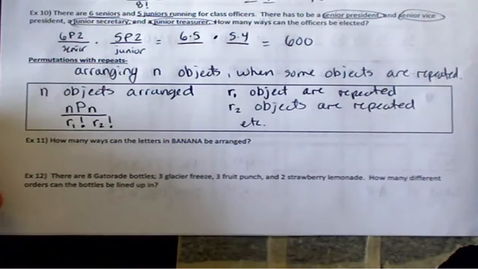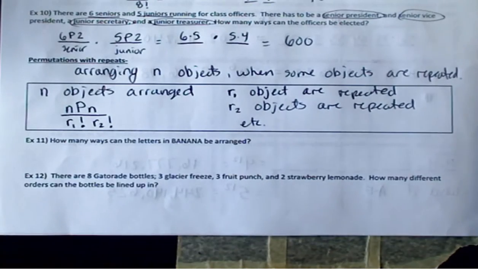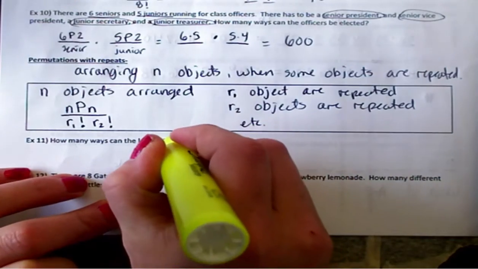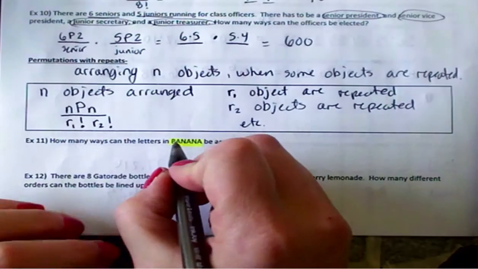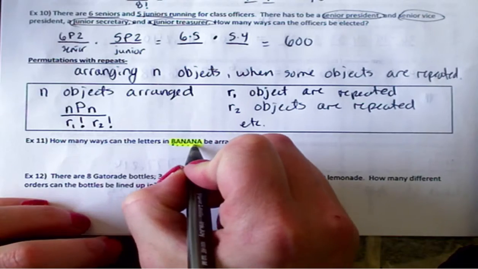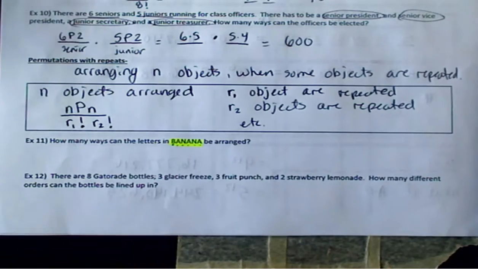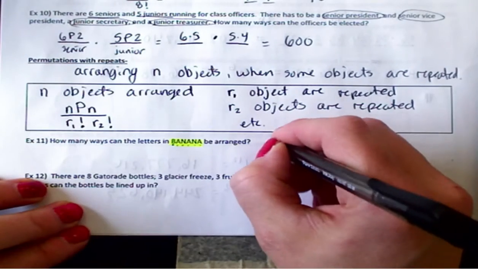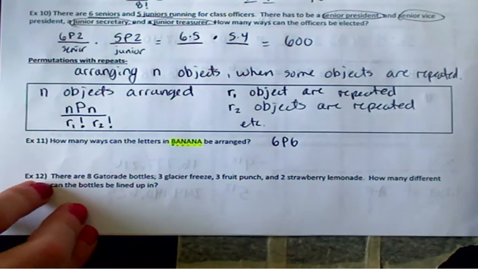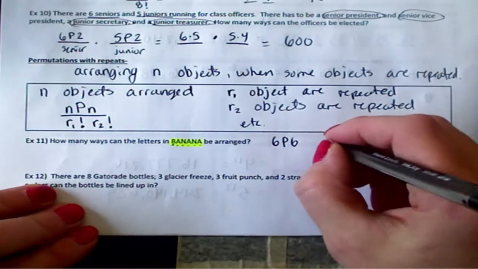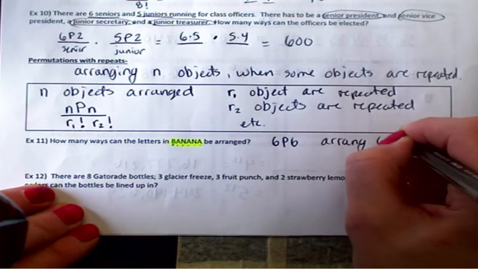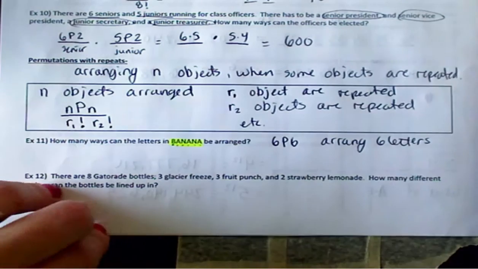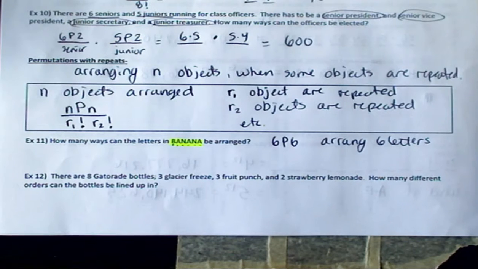So we're going to do it with this word banana. I'm going to count my letters: 1, 2, 3, 4, 5, 6. So I have 6 letters, 6P6. I'm going to arrange 6 letters. Let's look at the ends.